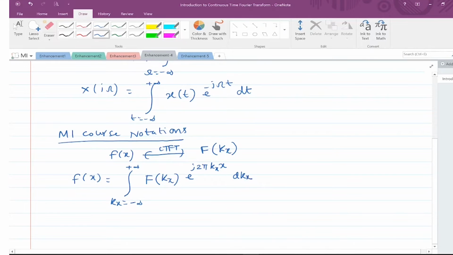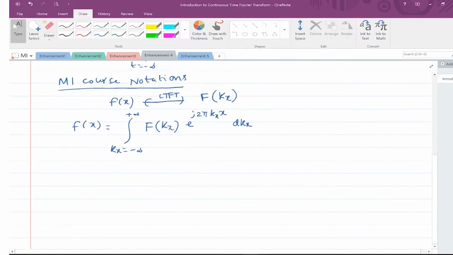That's just the simple change of variable we were doing here. Now let's write expression for F of kx. Now x is varying from minus infinity to plus infinity, f of x exponential of minus j 2 pi kx times x into dx.